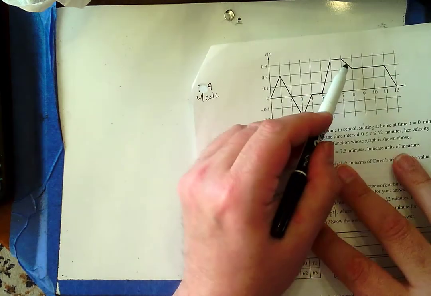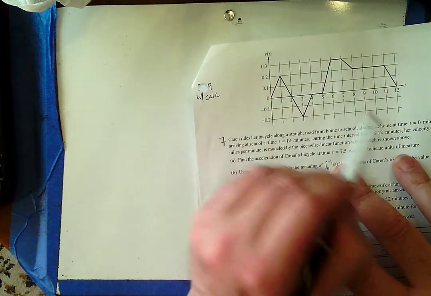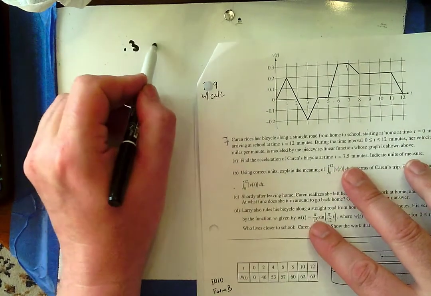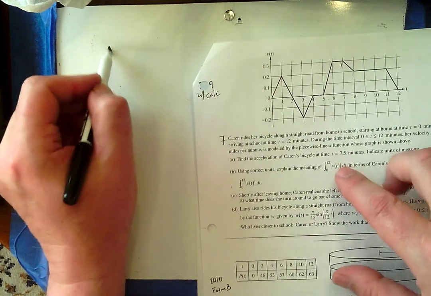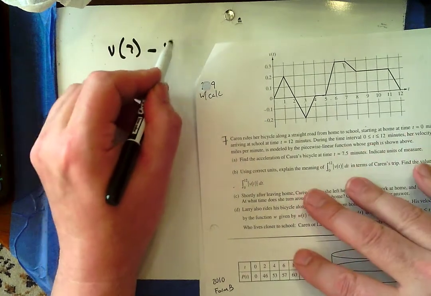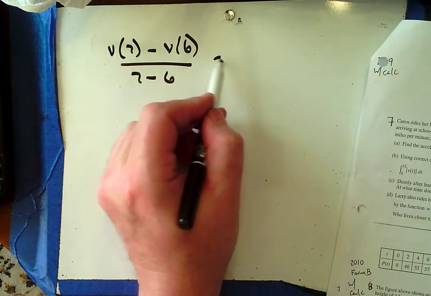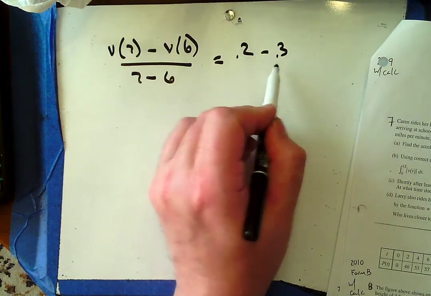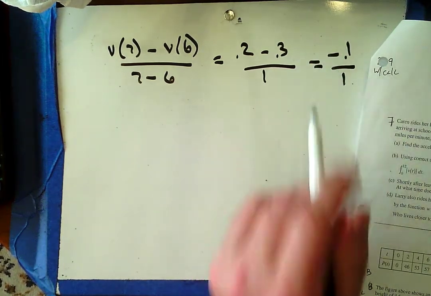So 7.5 is here, and 7.5 would be the slope of this line segment. I want velocity at 7 minus velocity at 6 over 7 minus 6. Velocity at 7 is 0.2, velocity at 6 is 0.3, over 1, which is negative 0.1 over 1.